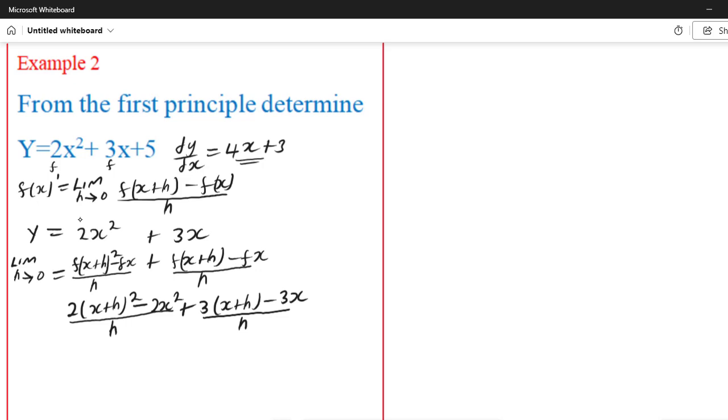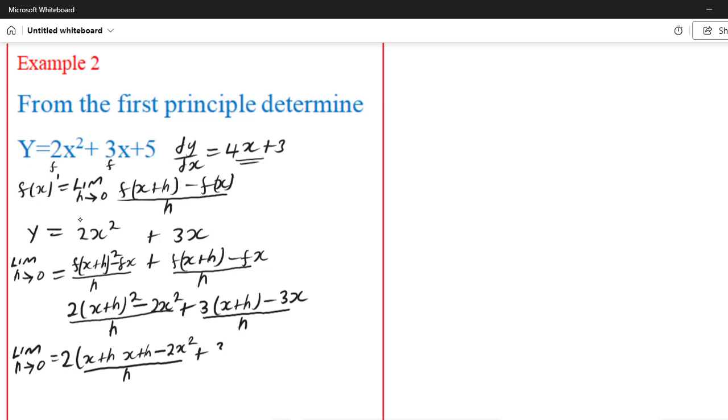So when you open the brackets in this equation, we will have limit of h as it approaches 0 of 2 times (x plus h), it is squared. So we will have x plus h, then we multiply again x plus h, minus 2x squared, and then everything divided by h.